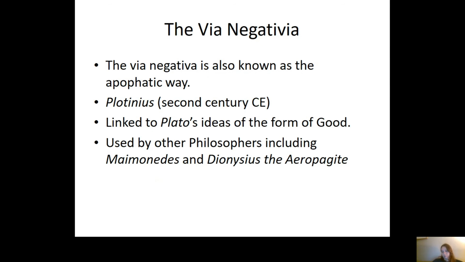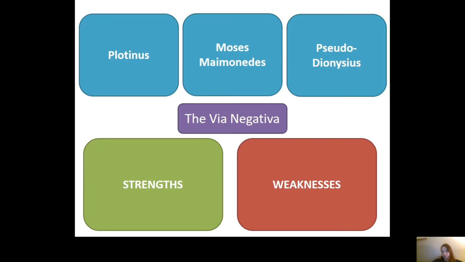This is a really small part of philosophy, and so it's got quite minor philosophers as well. So for your notes today, these are the areas I want you to organize them into. I'm going to ask you to have a few notes on Plotinus, Moses Maimonides and Pseudo-Dionysius. And then at the end, we'll come to strengths and weaknesses as well.